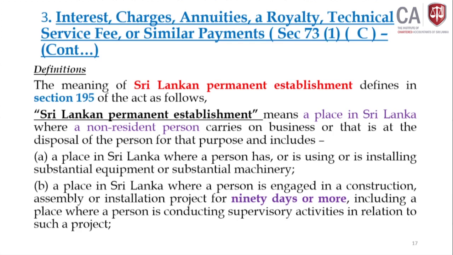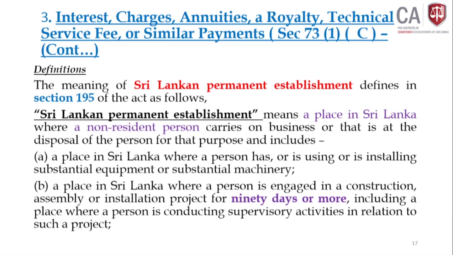A. A place in Sri Lanka where a person has or is using or is installing substantial equipment or substantial machinery. This is a PE: a place in Sri Lanka belonging to a non-resident person conducting business, where a person has or is using or is installing substantial equipment or substantial machinery. Clear?